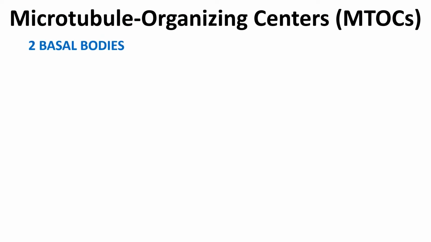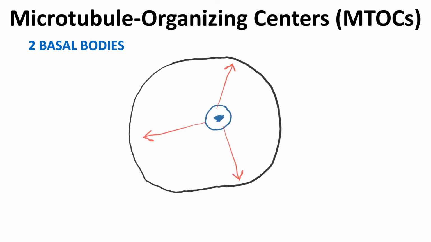Then, another type of microtubule organizing center would be found in cells with flagella. So, in this spherical cell, we have here the centrosome, if you can remember. That's the organizing center.